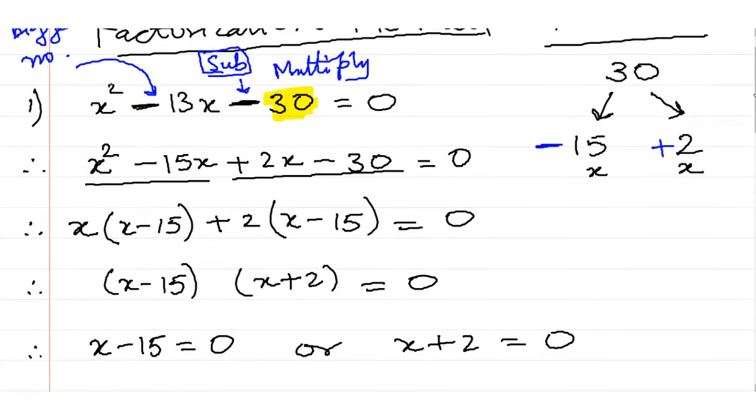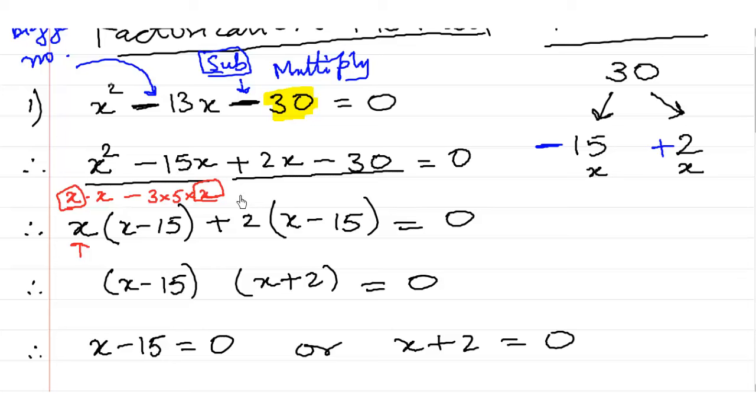Just for those who found this a little difficult, let me put it this way. x square could be written as x into x, and minus 15x could be understood as 3 into 5 into x. So you could see that x is common in these two, and therefore x was taken as common, and what remains inside is x minus 15.